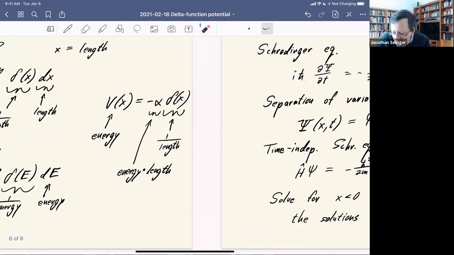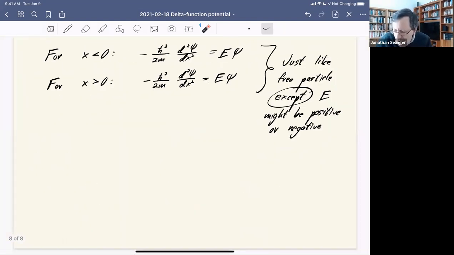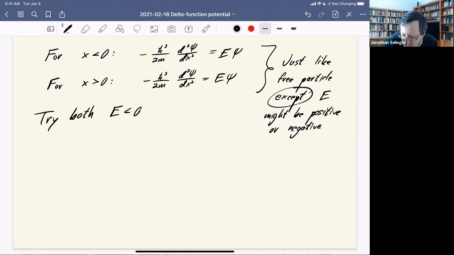Okay. So we don't know whether the energy here is going to be positive or negative. They are both possibilities. And so if we want to make sure we get all the solutions, we better try both possibilities. Okay, so we're going to try both E negative and E positive.